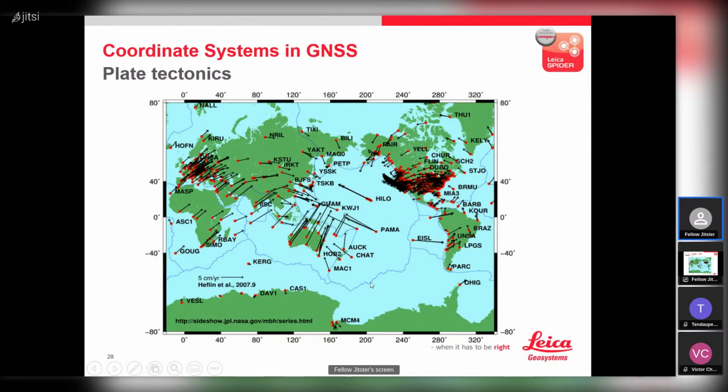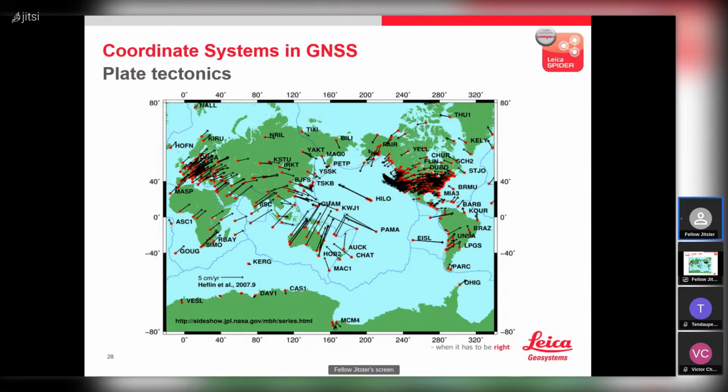And here, this is basically an estimation of movements of tectonic plates. These blue lines are boundaries of the major tectonic plates. We have up to 8 or 9 major tectonic plates, and then we have a lot of small tectonic plates. The good thing is that we are able to monitor these movements.